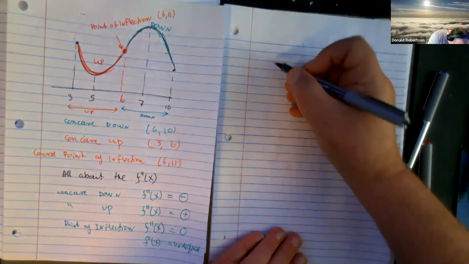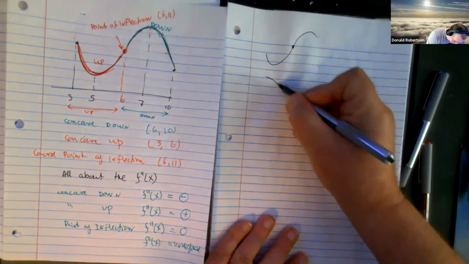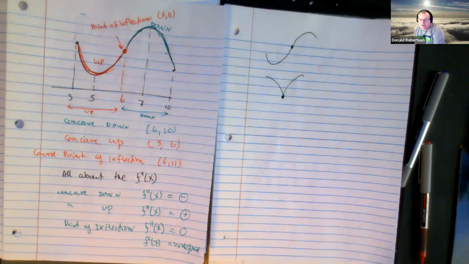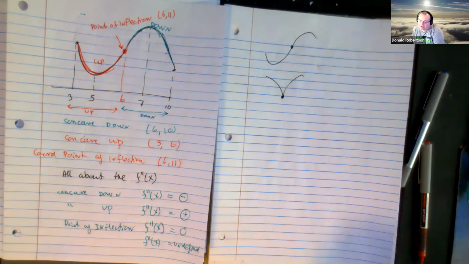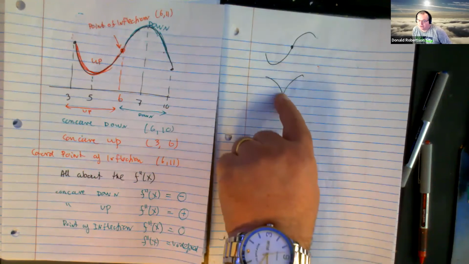So to show you what a point of inflection can look like, that's a point of inflection. Is that a point of inflection? That's definitely a local minimum, but is that a point of inflection? Now remember, a point of inflection is a point on the curve where a concave up changes into a concave down, or vice versa. On this side, isn't the shape concave down?